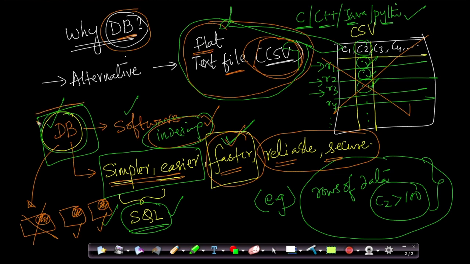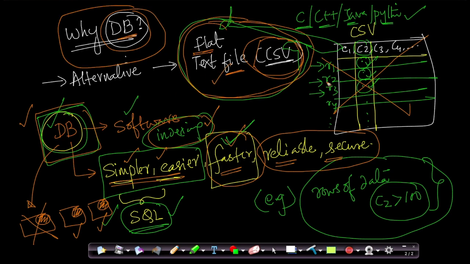So the database as a software takes care of all of this internally for you so that you don't have to worry. That's one of the biggest advantages of using databases over simple flat files, right? Simply speaking, it makes obtaining data that we want way simpler, way easier, way faster, way more reliable and secure, right? That's the reason why we use databases over simple flat text files.